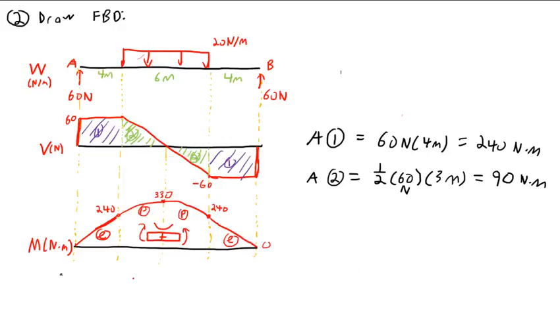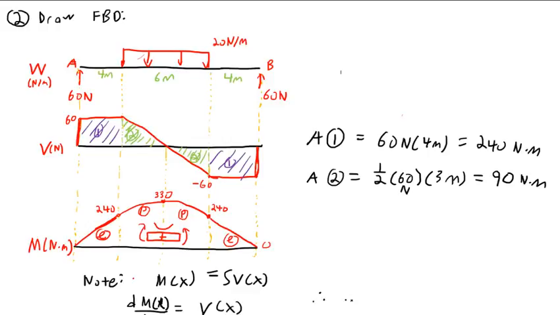Okay. So note, again, just as a reminder, now I can't stop seeing it. M of x again is the integral of V of x, and again, the derivative of M of x, dM/dx, equals V of x.